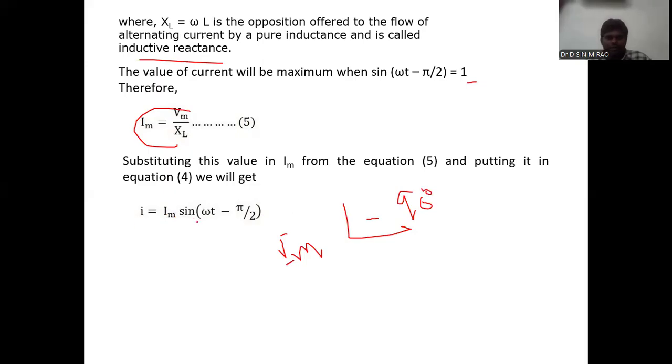Whereas Vm sin omega t can be written as Vm at an angle of 0 degrees. Similarly, Im sin of omega t minus 90 can be written as Im at an angle of minus 90 degrees. That means the current signal starts from minus 90 degrees, whereas the voltage signal is the reference signal, which always starts from 0 degrees.